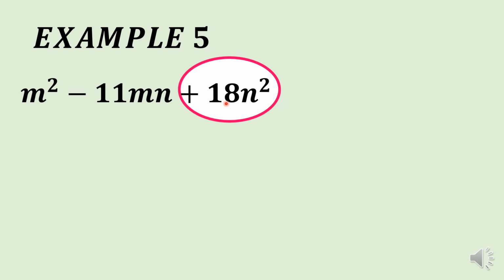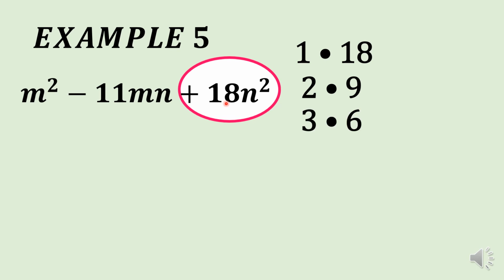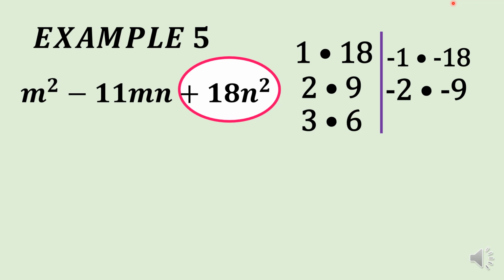We have 1 times 18, positive 2 times 9, positive 3 times 6. Okay, so I think wala na. Then, again, positive ito. So, kukunin din natin yung kanyang mga negative. So, you have negative 1 times negative 18, negative 2 times negative 9, and then negative 3 times negative 6.